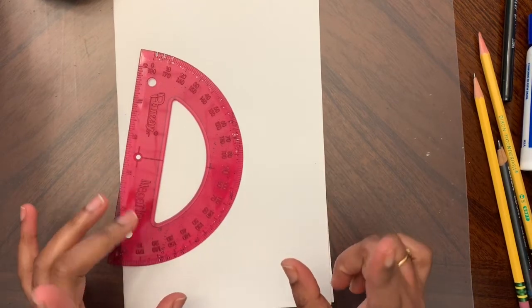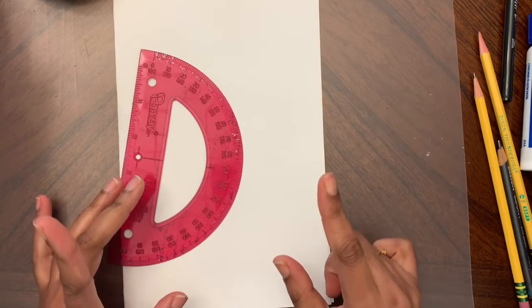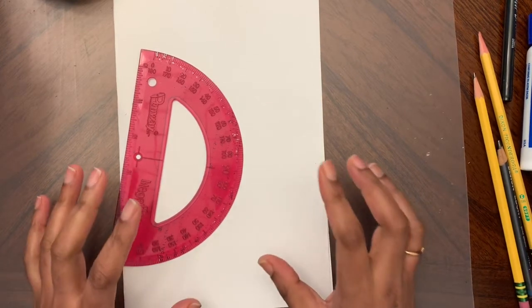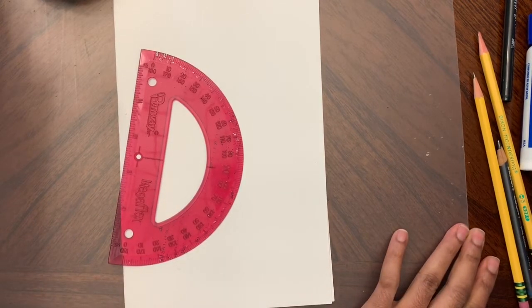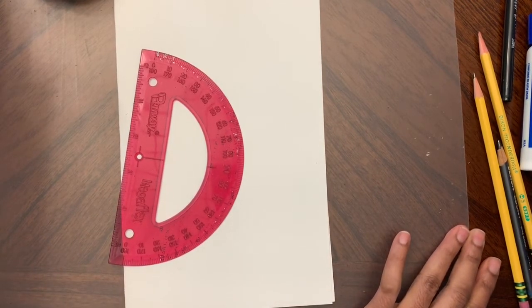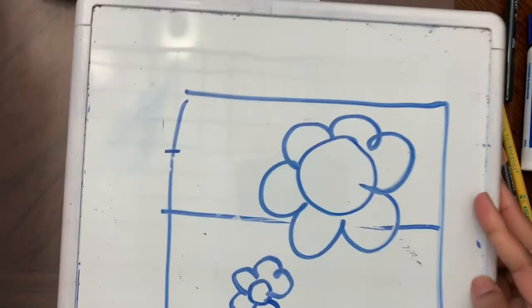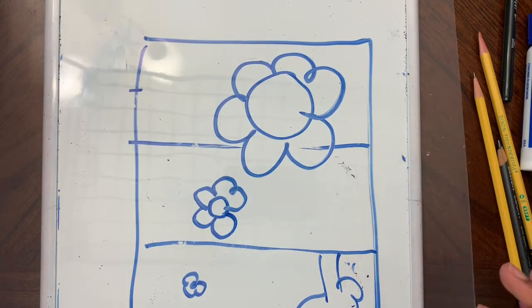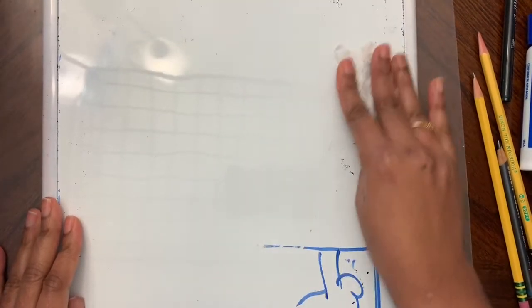So to know more about shading, first thing you need to know is value. Value is the lightness or darkness of a color. So you may be thinking, we are not using colors today, then why is Mrs. J talking about value then?